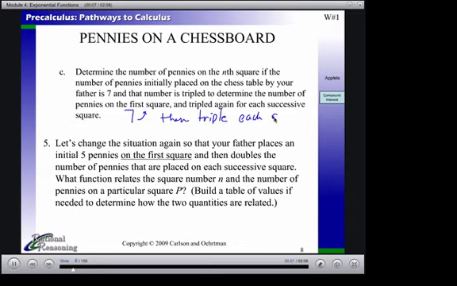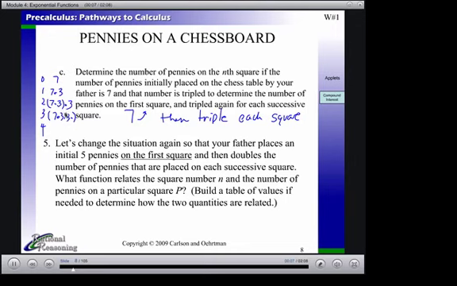If you're not sure, what can you do? Make the table. 0, 1, 2. These are the square numbers. So on the 0 square, how many pennies? 7. What do we do to get the first? 7 times 3. Triple what we had before. Take what we had in the last square and triple it.